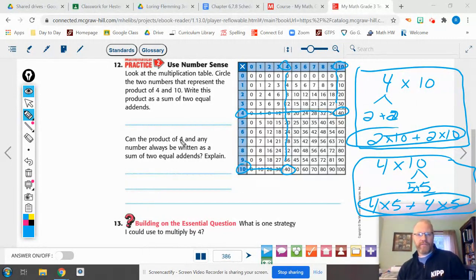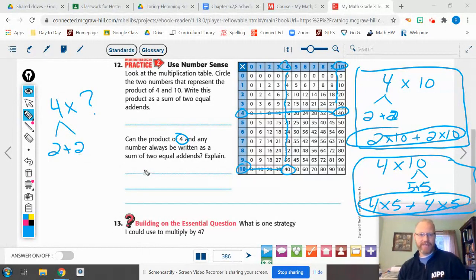Can the product of 4 and any number always be written as a sum of 2 equal addends? So when you're multiplying 4 times anything, can you always break it down into equal addends? Can you break 4 down all the time? Yes, 4 can always be broken into 2 plus 2.